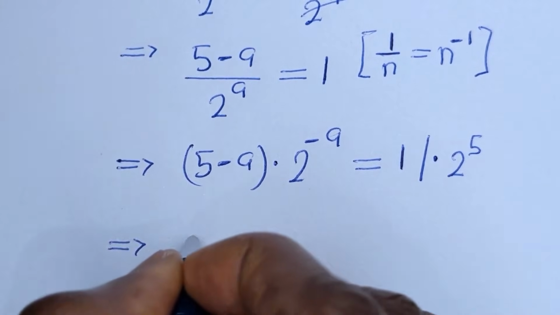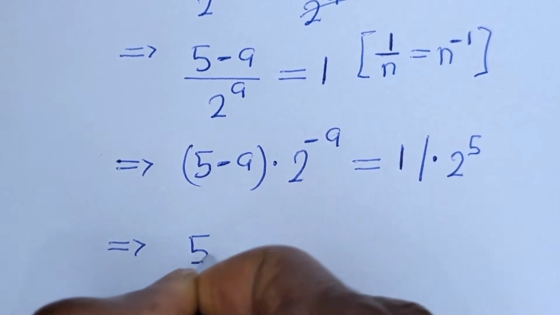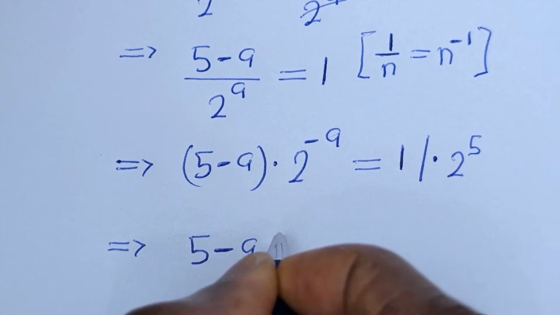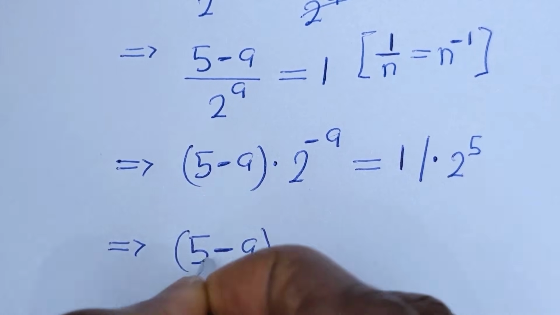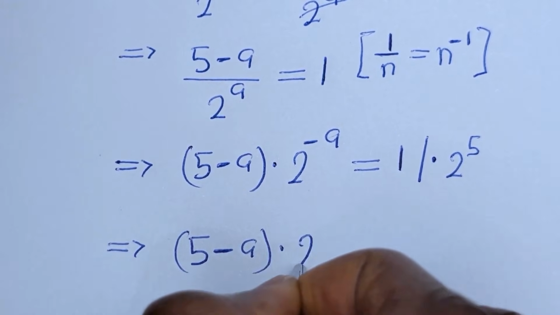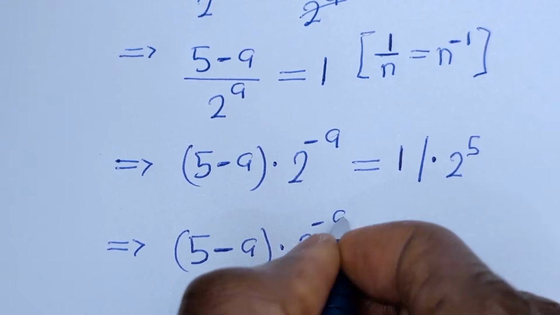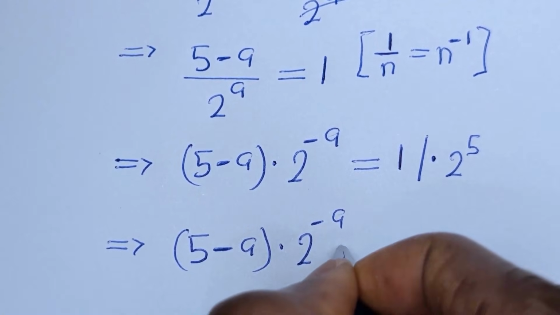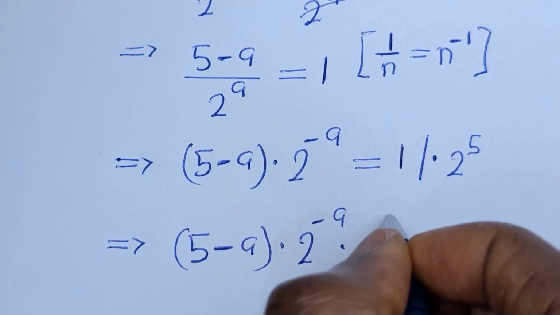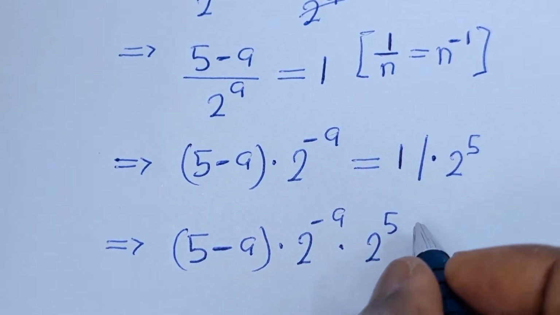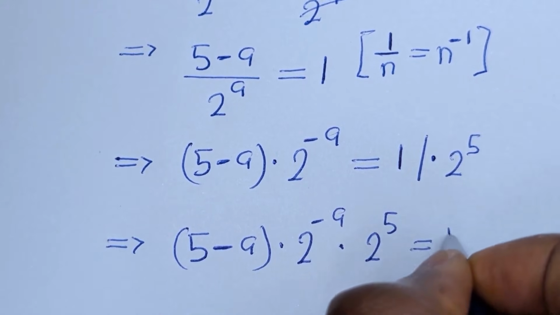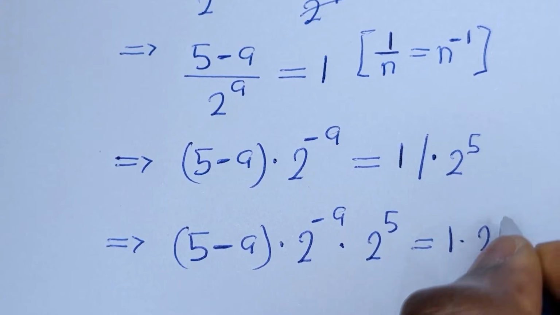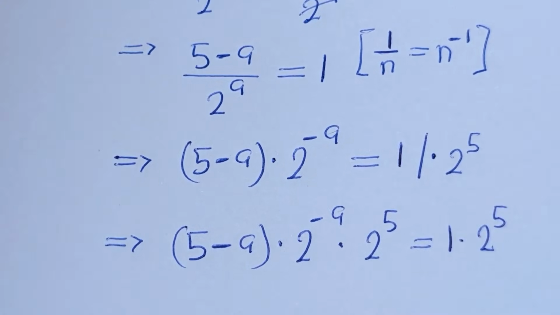This can be written as 5 minus a multiplied by 2 raised to power minus a multiplied by 2 raised to power 5 is equal to 1 multiplied by 2 raised to power 5.